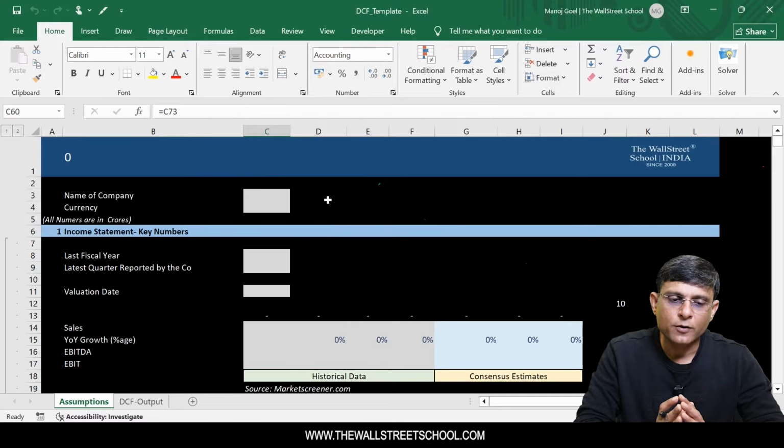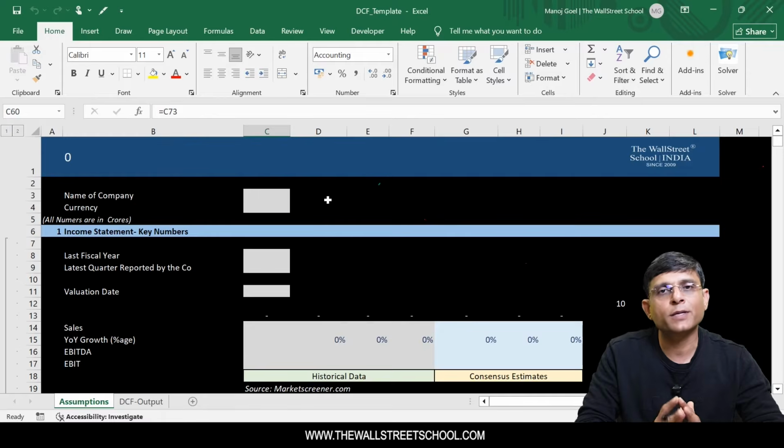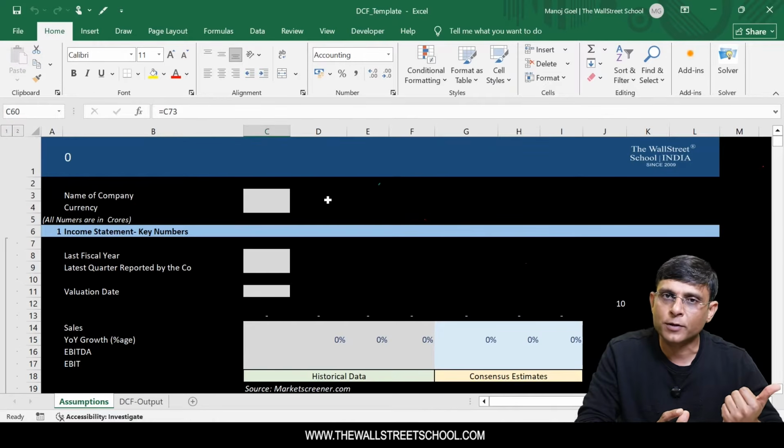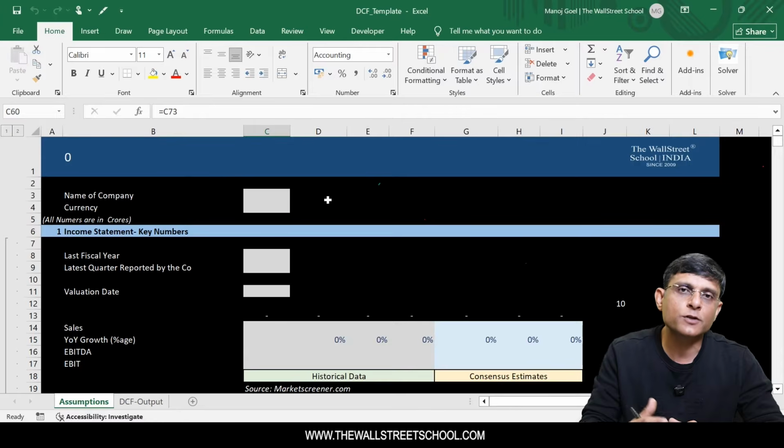In this template, we are going to use two sources of information. One is Screener, which we discussed in the previous video. Screener provides you data of companies listed on the market. The other source is Market Screener, which is used for sourcing estimates, because DCF is based on future projections and future cash flows.